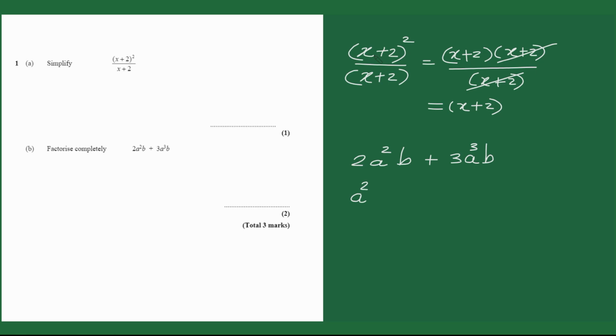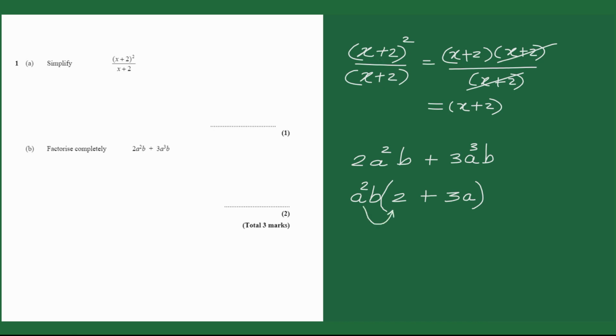Both expressions have the b term, so a squared b can be out. The numbers 2 and 3 have no common factors. So open bracket, a squared and b gone, so 2 is left over, plus 3, one of the a is left over. So the answer is a squared b out, 2 plus 3a.